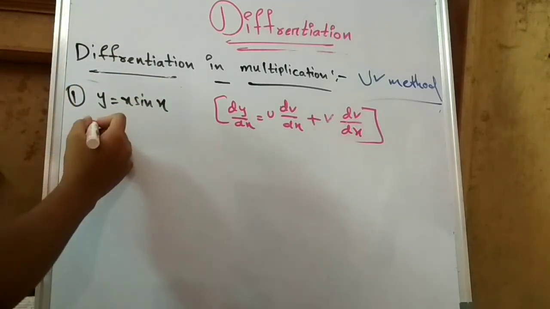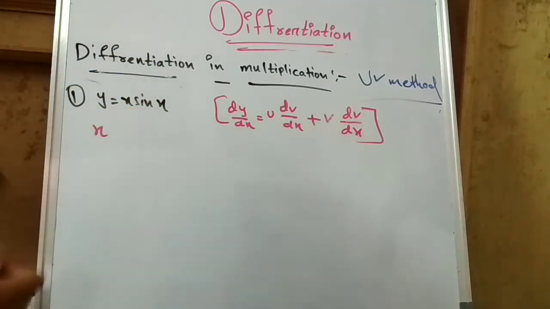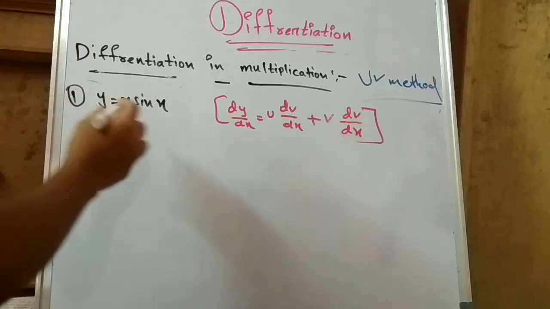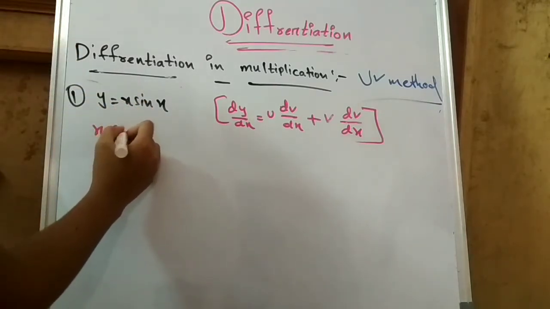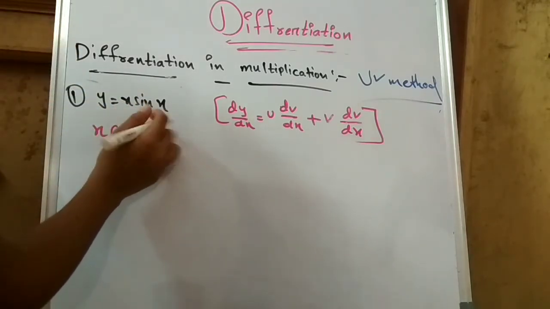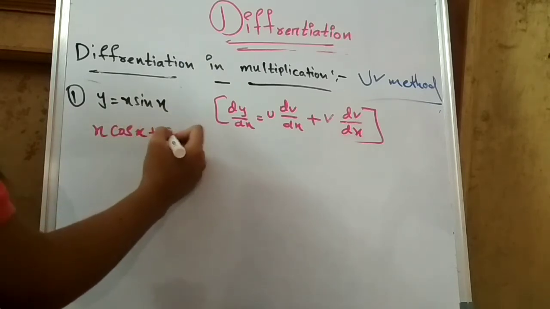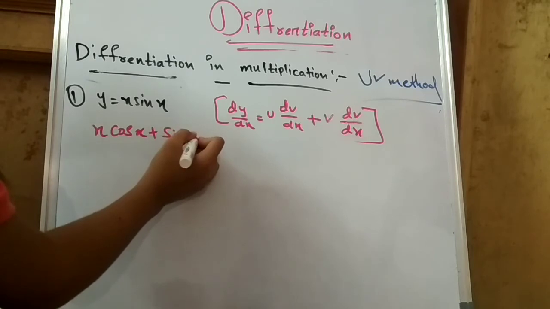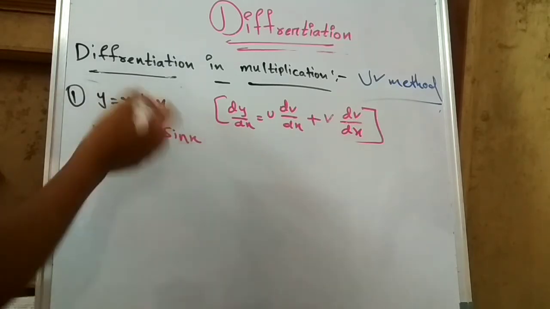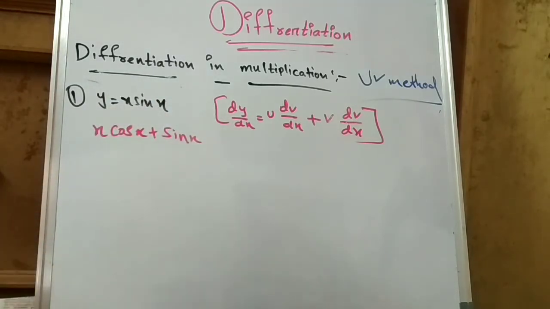So let's first hold x, okay? Then the derivative of sin x will be cos x. Cos x. Plus, now hold sin x. Don't do anything to sin x. And the derivative of x will be the same.